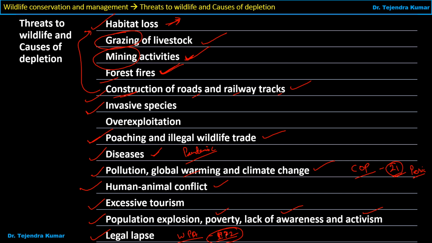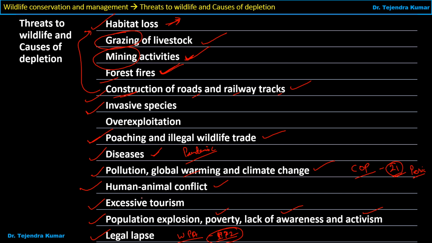In many areas, or in far-flung areas wherever awareness is not complete, or governments or wildlife conservators are not reaching them, what is happening? They are killing and they are selling. So it can always be seen.